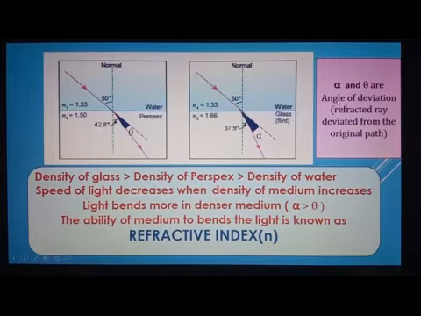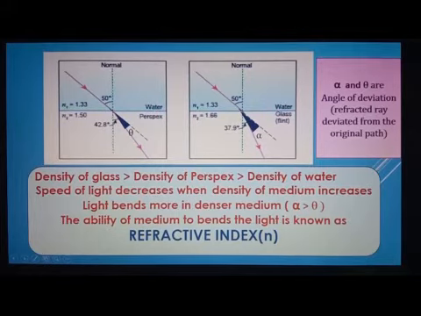Okay, so angle of deviation is the angle measured between the original path of the ray without refraction and the refracted ray direction. As you can see from here, the value of alpha is greater than theta. If the angle of deviation is greater, it means the medium bends the light more. We can discuss this by comparing the density of the medium. Look at the diagram here.